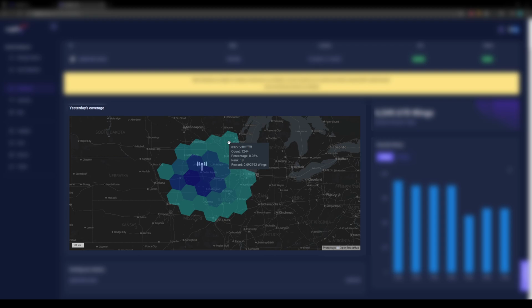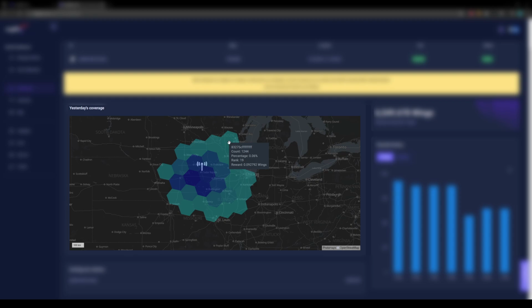You're only contributing 0.06 percentage, 1,244 messages in 24 hours. It's going to be low. The good news is you are helping because you might be capturing some messages that others are not.